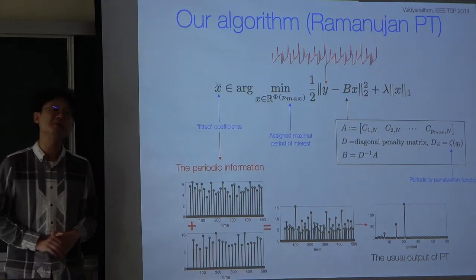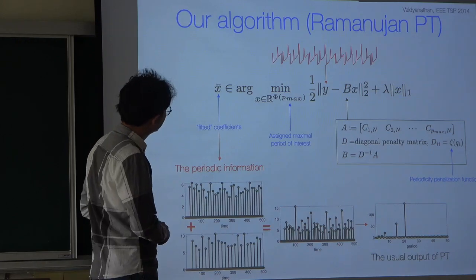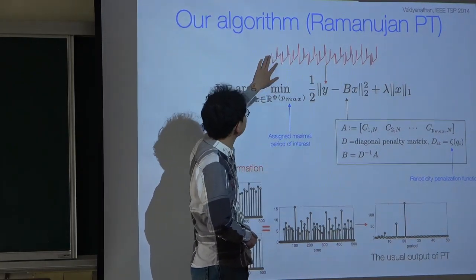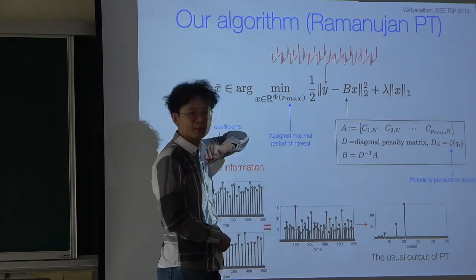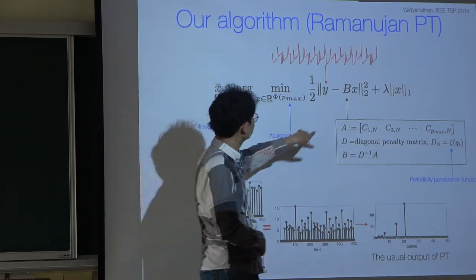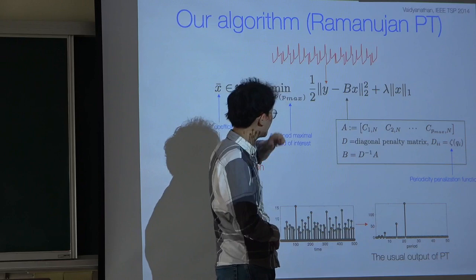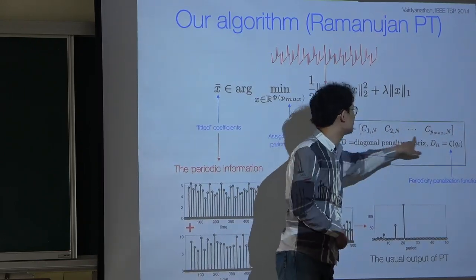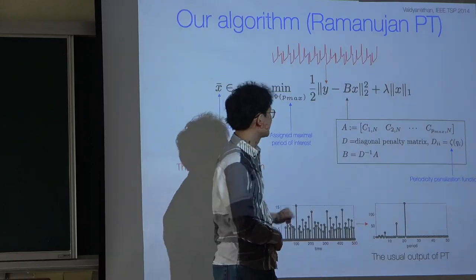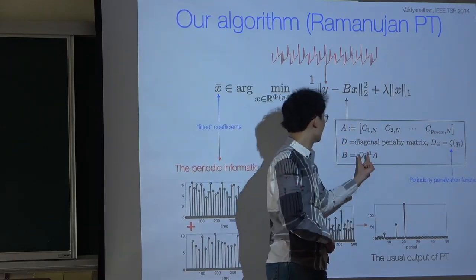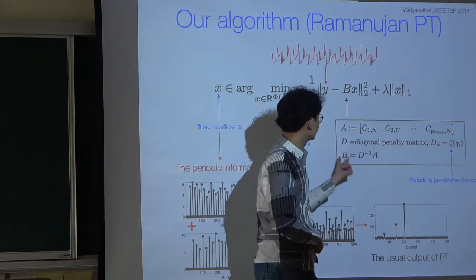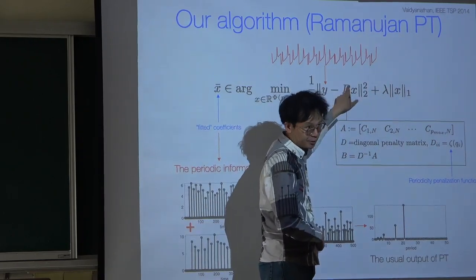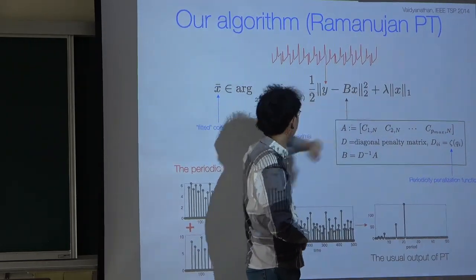Okay, so the algorithm is what? We have this oscillatory signal which looks nasty. So what we do is we build up this B matrix, and this B matrix comes from some normalization. You have some penalty terms, D_ii, and you have D minus A, and so you get B, which is a basis, but this is a penalized basis, multiplied by x.